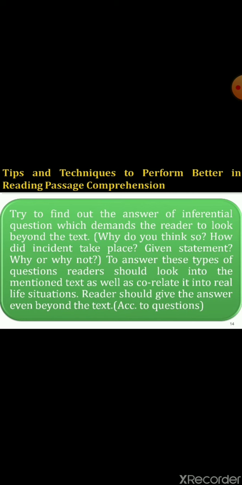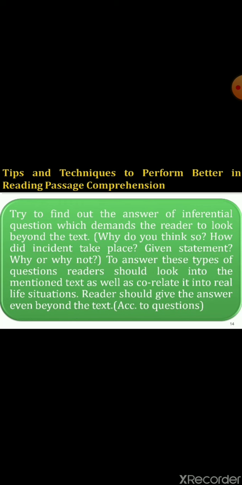To answer these types of questions, readers should look into the mentioned text as well, and correlate it with real life situations. For example, when something has been asked and you are getting confused between both ways, B option also, C option also. C is going with the normal situation and B is going with the information they have discussed.